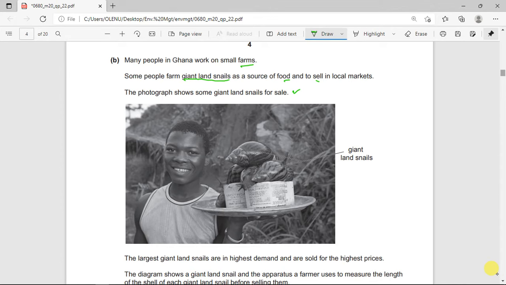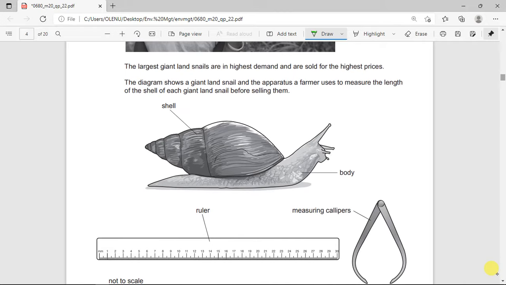The largest giant land snails are in the highest demand and are sold for the highest price. The diagram shows a giant land snail and the apparatus a farmer uses to measure the length of the shell before selling them.